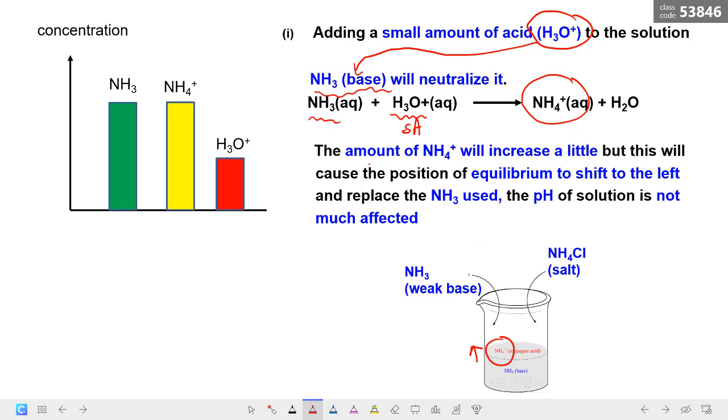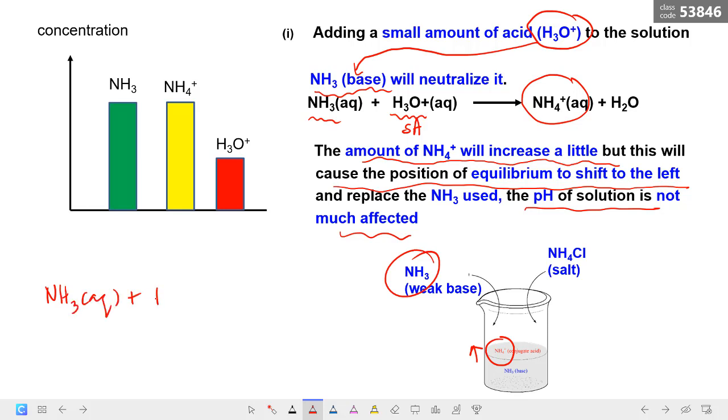The ammonium ion concentration will increase a little, but this will cause the position of equilibrium shift to the left and replace the ammonia used. Therefore, the pH is not much affected. Jangan lupa ammonia kat dalam ni juga mengalami apa? Slightly dissociation.